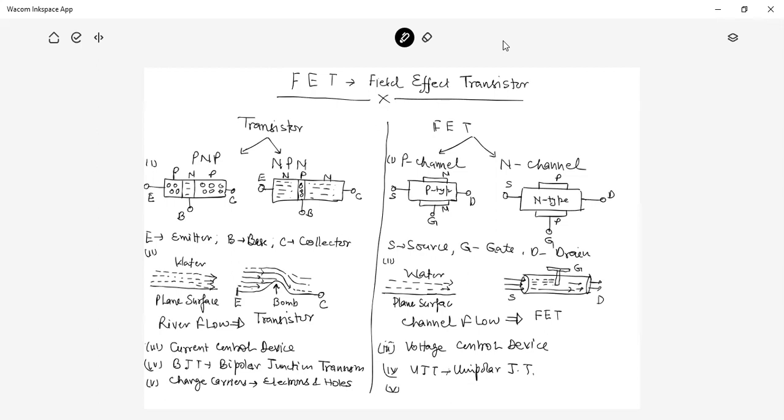Here, charge carriers are either electron or hole, but not both simultaneously. So this will be more noisy.